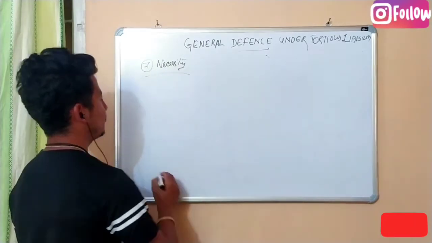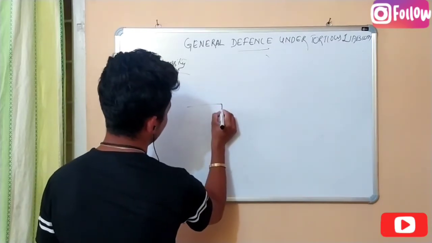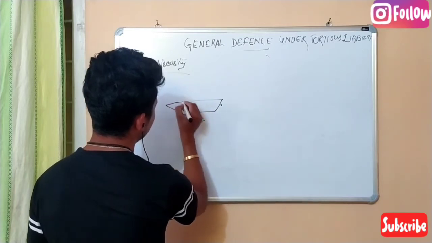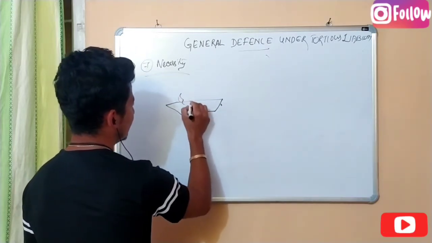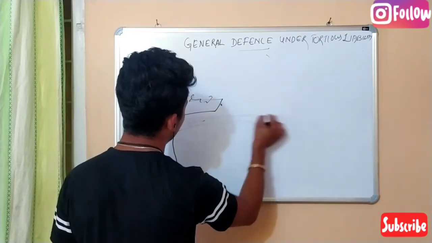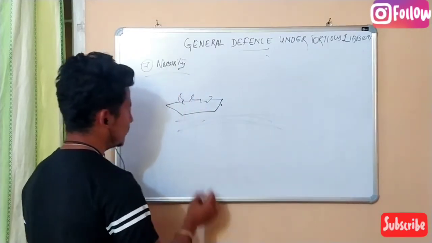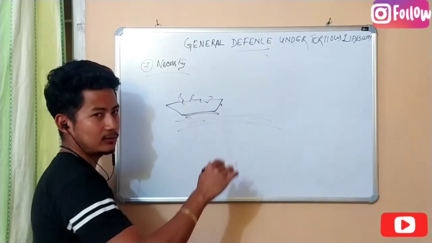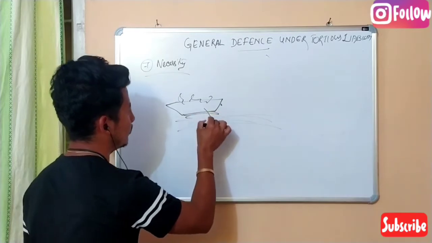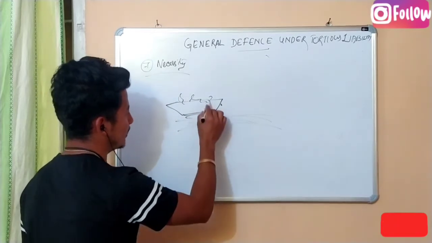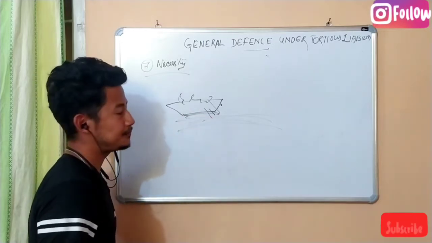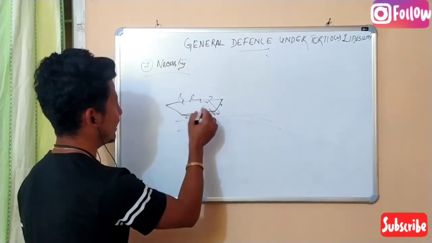Say for example, okay, there is a boat, okay, I'm very bad at drawing. So this is a boat, and there are many people sitting in it, and this is a creek, and this boat is sailing over the river, and during certain calamities, the boat was about to sink because of the heavy weight of the goods being carried by the boat.